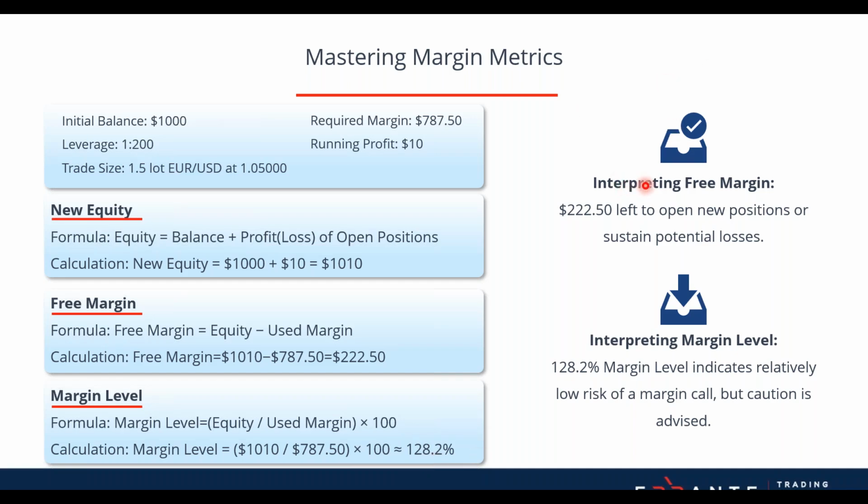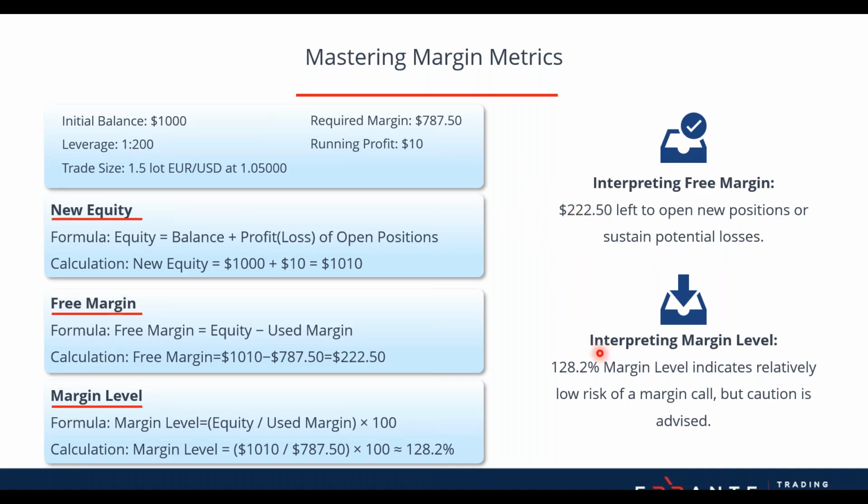So here you see the interpretation of the free margin. It means $222.50 left to open a new position or sustain potential losses. So this is the money that you have available for trade.